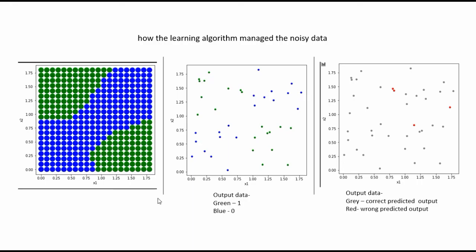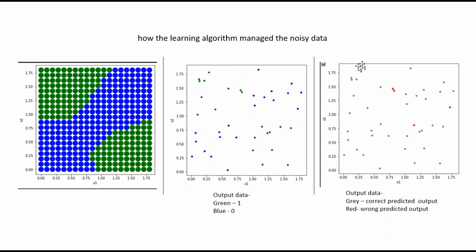The question is how the learning algorithm manages noisy data. So here, after we train the neural network for the exclusive OR problem, we can plot the decision boundary. We can use the decision boundary to determine the accuracy of the neural network by comparing it with the noise or the output data.